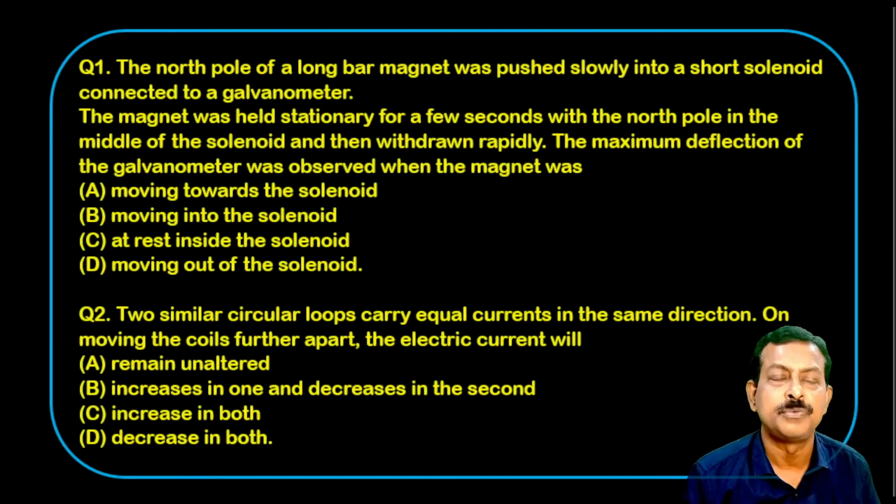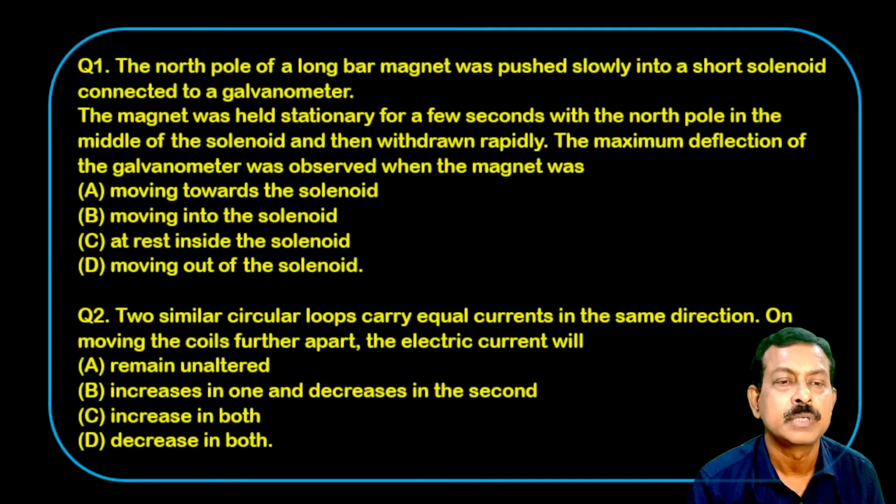Let's take the first question. The north pole of a long bar magnet was pushed slowly into a short solenoid connected to a galvanometer. The magnet was held stationary for a few seconds with the north pole in the middle of the solenoid and then withdrawn rapidly.